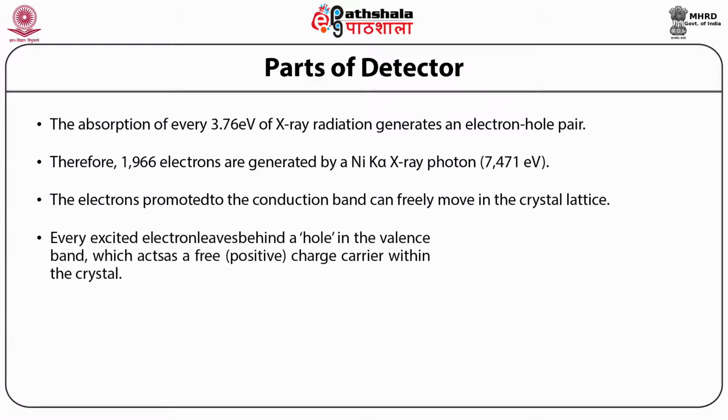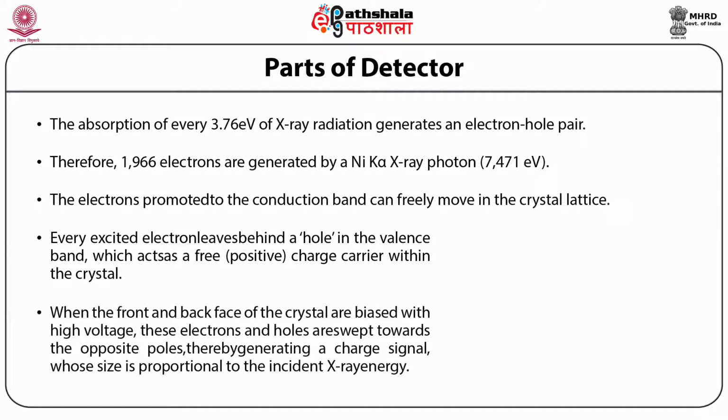Every excited electron leaves behind a hole in the valence band which acts as a free charge carrier within the crystal. When the front and back face of the crystal are biased with high voltage, these electrons and holes are swept towards the opposite poles, thereby generating a charge signal whose size is proportional to the incident X-ray energy.